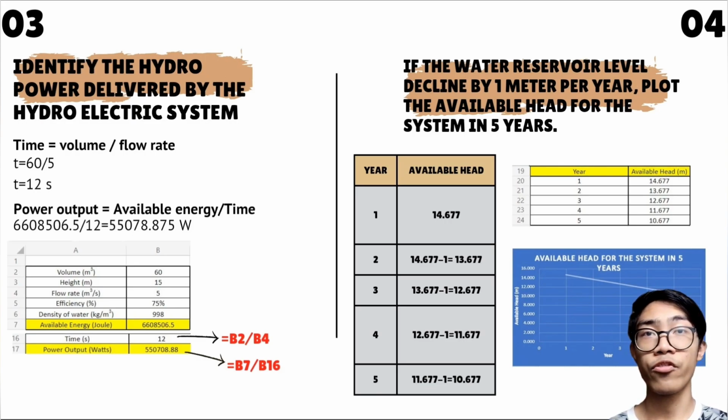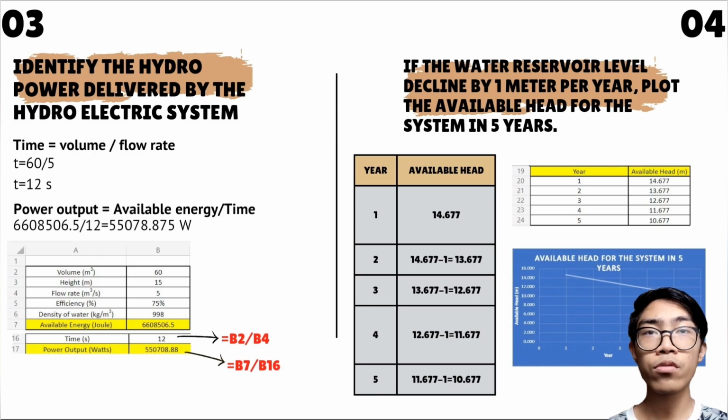As for question 3, we know that power is equal to energy over time. In this case, energy is equal to the available energy, which we have calculated before. We didn't get the time from the question, so we need to find the time ourselves.